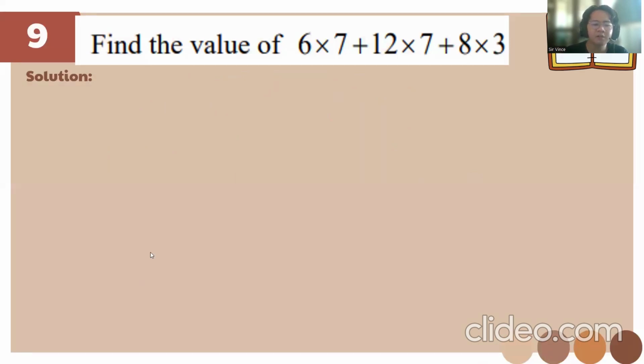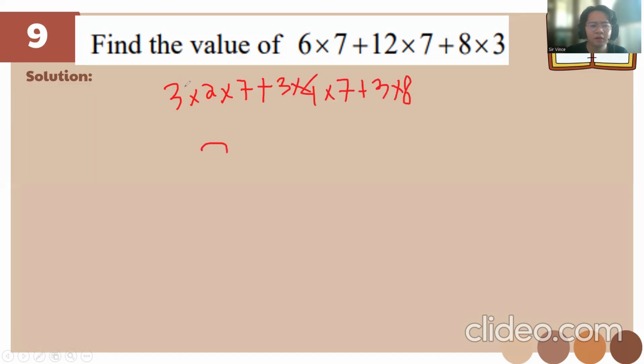The quick solution method, the shortcut, is going to be like this: 3 times 2 times 7 plus 3 times 4 times 7 plus 3 times 8, 3 times 14 plus 28 plus 8. Okay? Then this becomes 3 times 50, which is equal to 150. So that is for number 9.